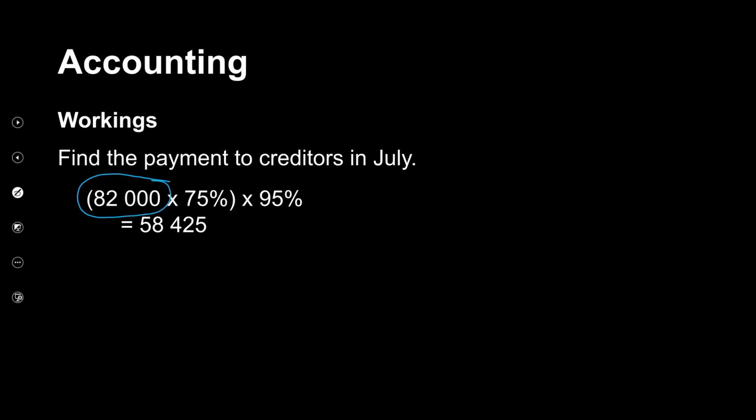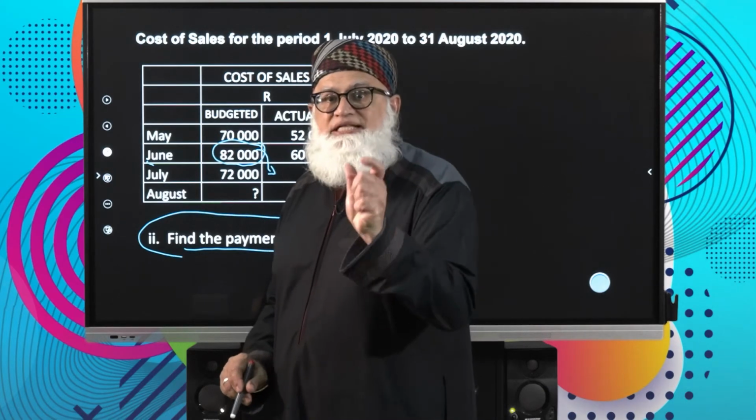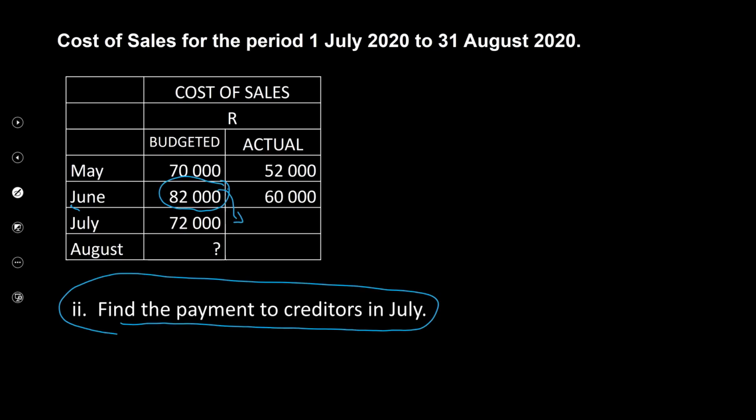82,000. What was the 82,000? You can clearly see here that the 82,000, if you purchased in June, you're going to pay that first payment in July. And that's why the question said, find the payment to creditors in July. So in this case here, you have the cost of sales figure, and that's important. 82,000 is your cost of sales.